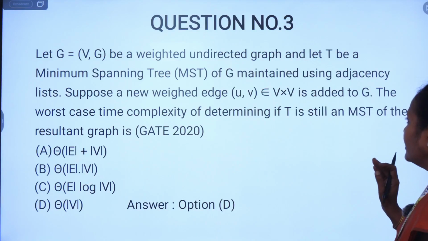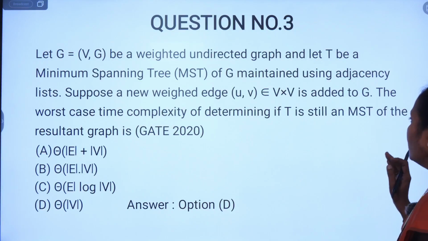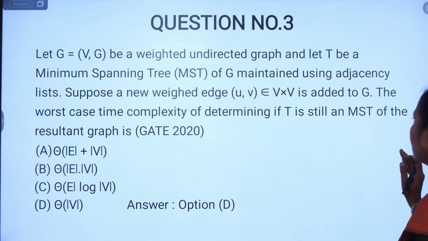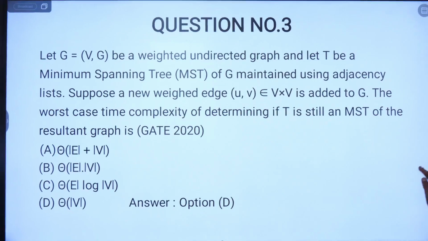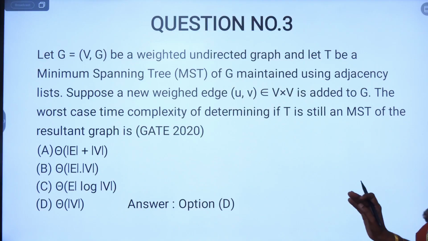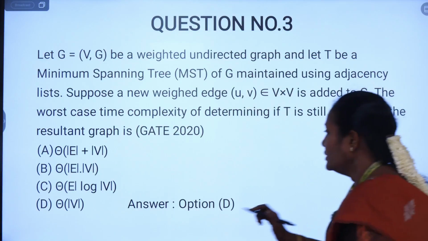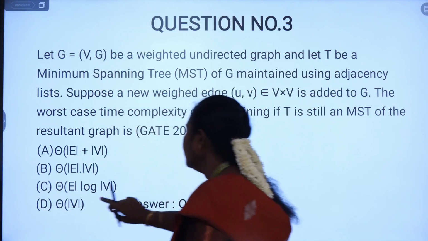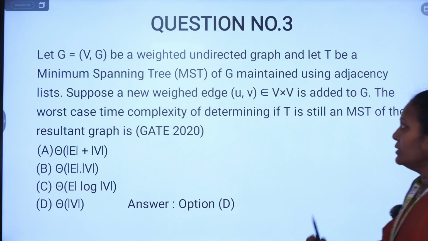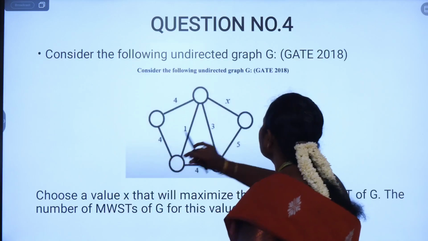Suppose a new weighted edge (u, v) belonging to V cross V is added to G. What is the worst case time complexity of determining if T is still a minimum spanning tree of the resultant graph? This is actually a straight question. So the option is time complexity of order mod V, that is option number B.